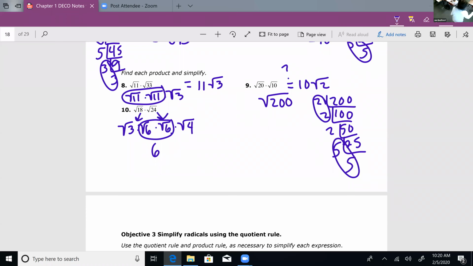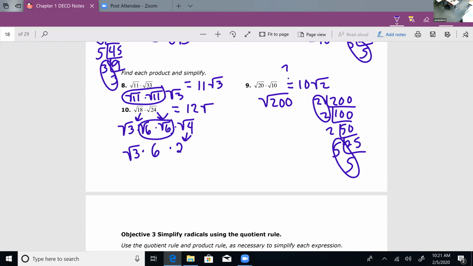I'm left with a square root of 3 and a square root of 4. But did you notice something about the square root of 4? It's a perfect square. It's 2. So this is 2. The only thing that's going to keep the radical is the square root of 3. If I clean that up, what is that going to equal? That's it, 12 times the square root of 3.